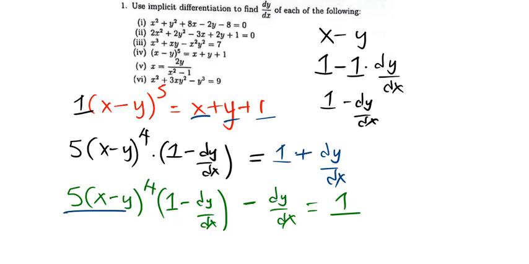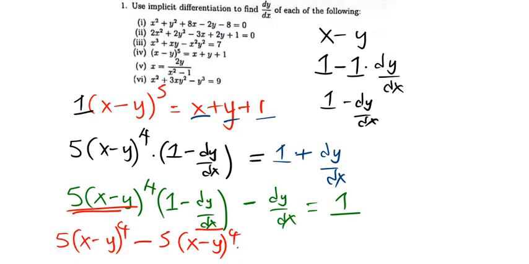That's the only way we're going to simplify this. So this term multiplied by the 1 there gives us 5(x minus y) to the power 4. Nothing changes. And then this same part multiplied by the minus dy/dx will be minus 5(x minus y) to the power 4 dy/dx, minus dy/dx equal to 1.